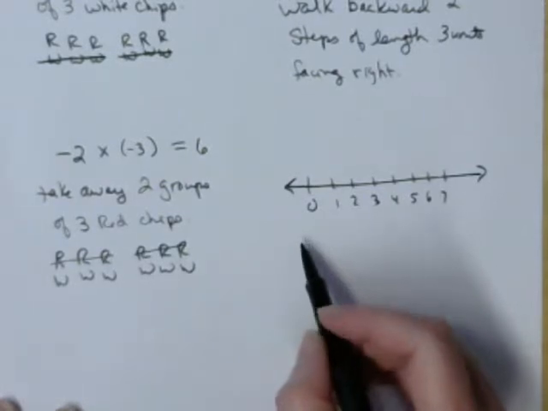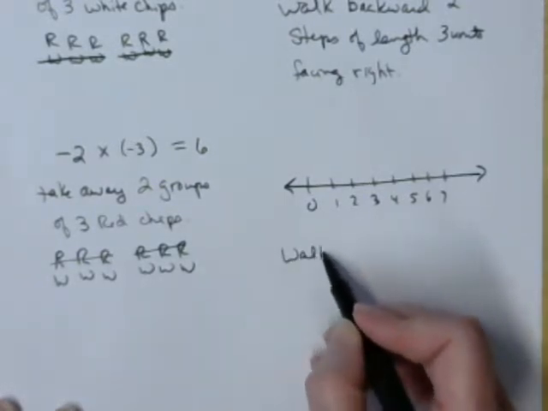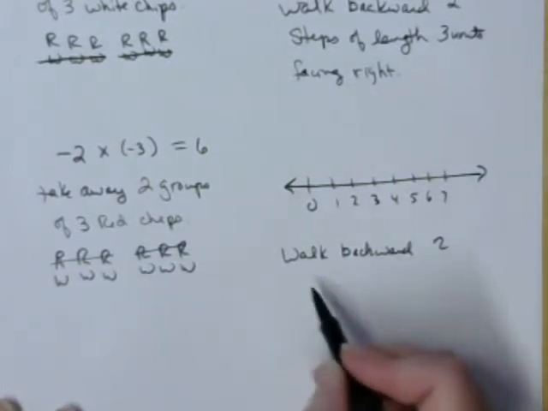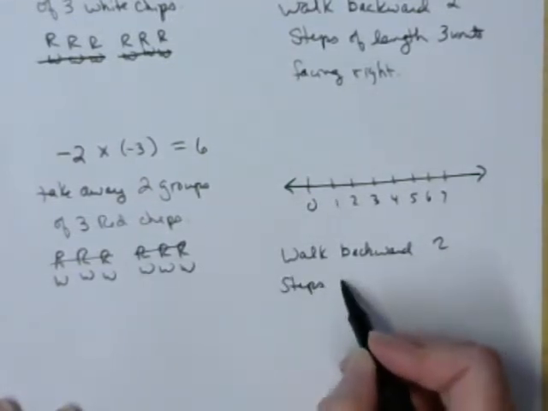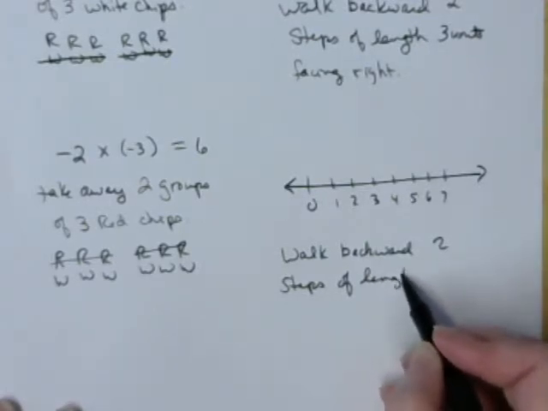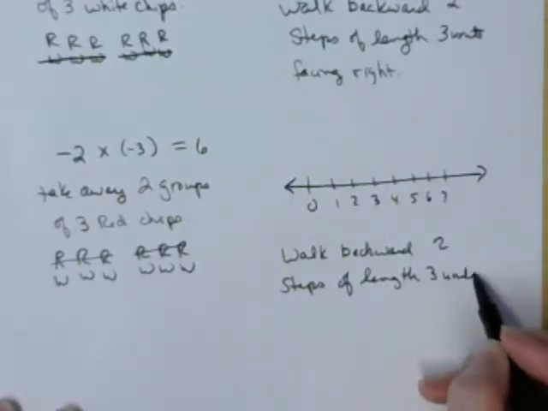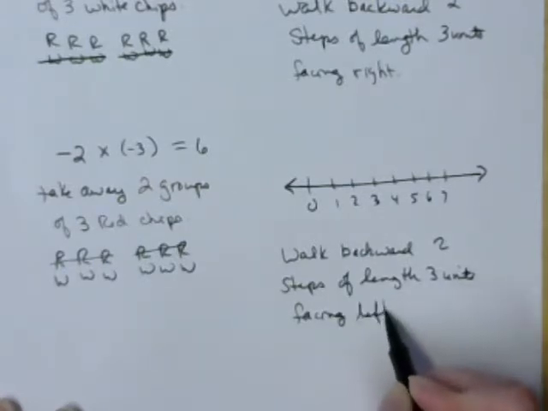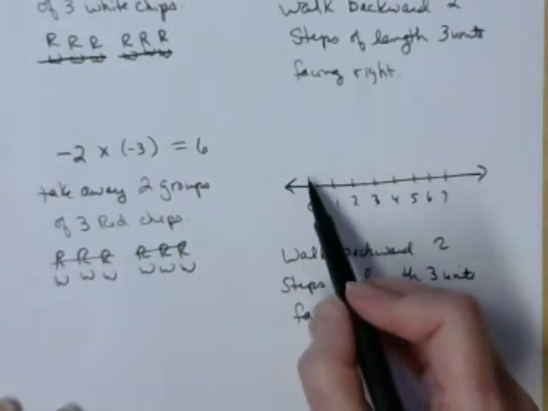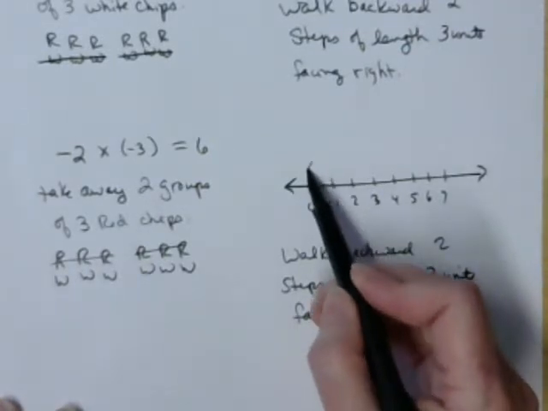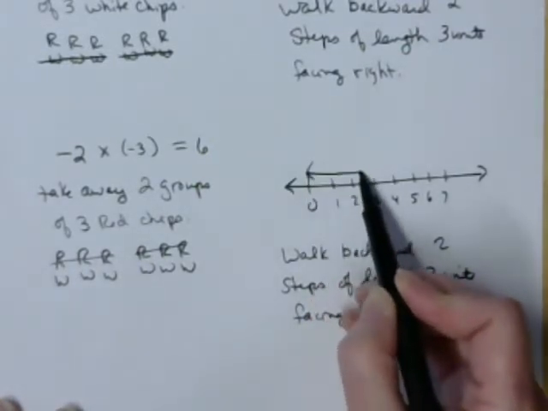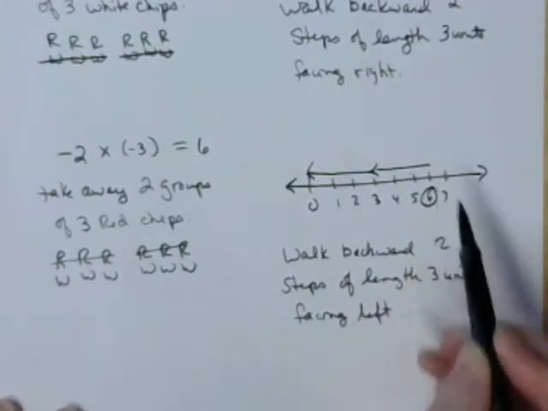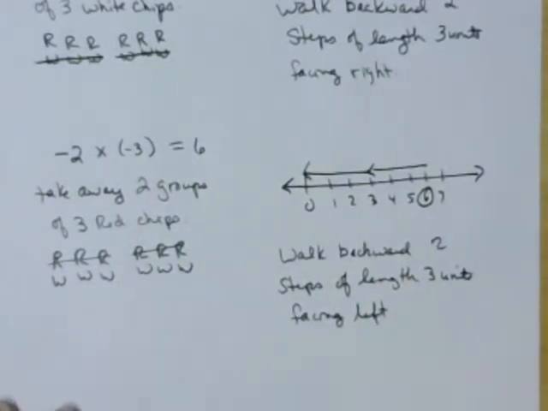But now the -2 is telling us to walk backward 2 steps of length 3 units facing left. Now, you always start your operations at 0. I'm going to be facing left and walking backwards. So facing left, walking backwards takes me out here to positive 6.